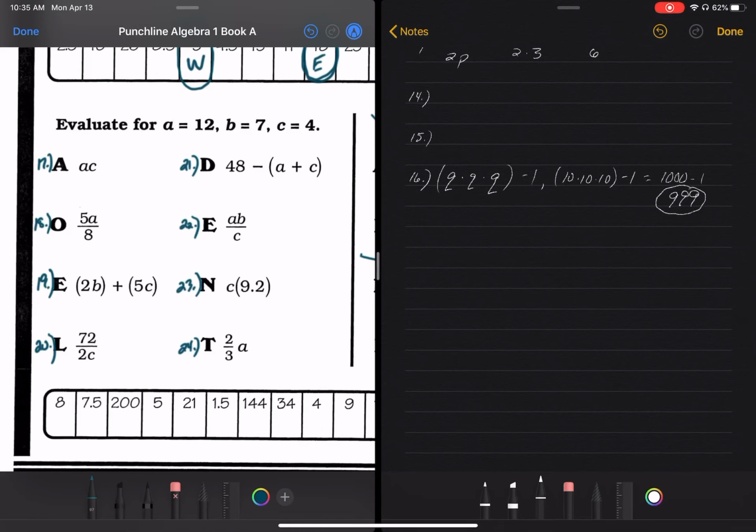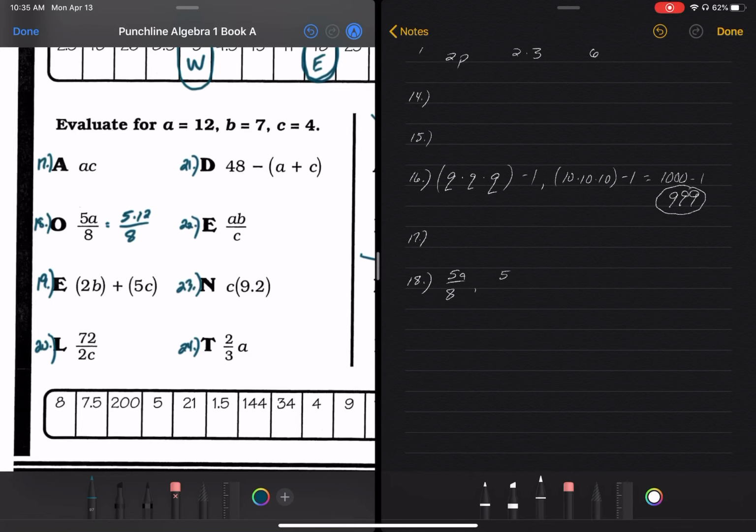Let's do another one together though. Let's do number 18. Okay, so 16, 17, 18. 18 is 5a over 8. And it says a is 12. So 5 times 12 divided by 8. So 5a over 8.